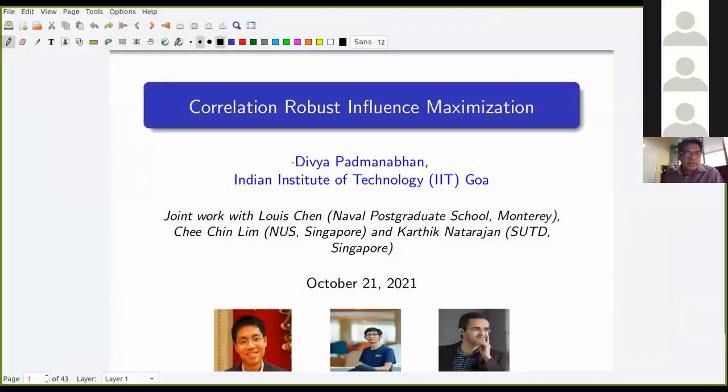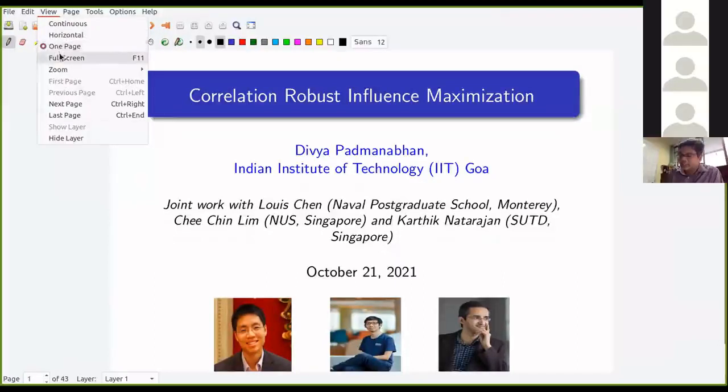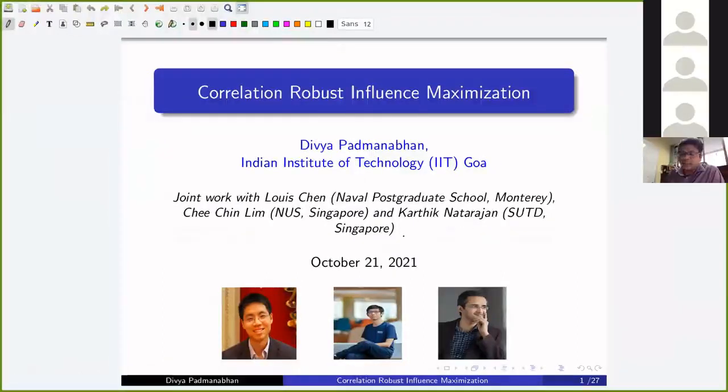Okay, just a brief introduction to Professor Divya. Dr. Divya Padmanabhan is an assistant professor at the School of Mathematics and Computer Science at IIT Goa, and she is our alumni. It's nice to have our alumni give our first talk in this workshop.